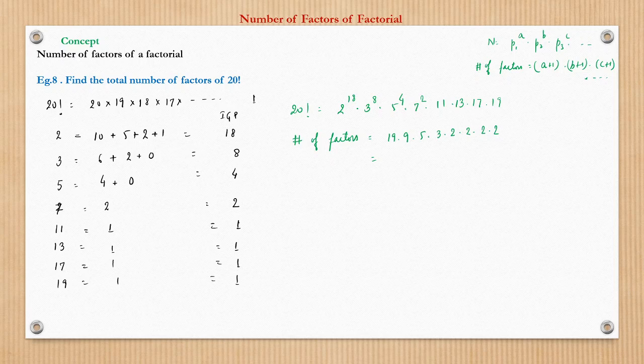So this is 19 into 9 into 5 into 3 into 2 into 2 into 2 into 2. So it becomes 41040. So these are the number of factors.